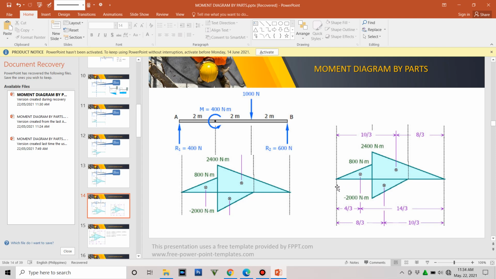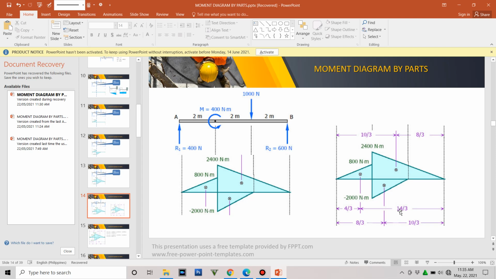All of the distances will be measured from both A and B. This measurement of 4/3 is up to A. How about the other side? At B, the total is 6, so 6 minus 4/3 is 14 over 3.